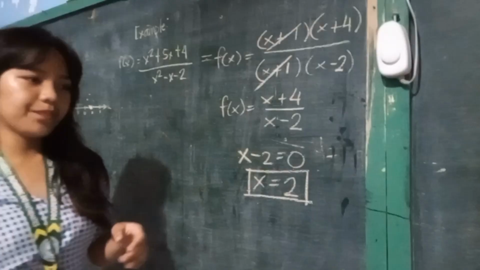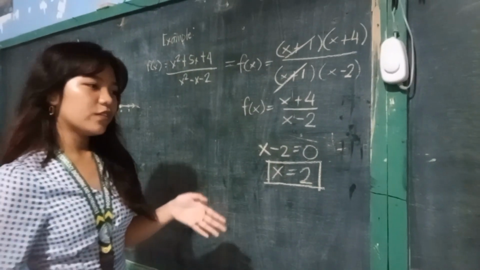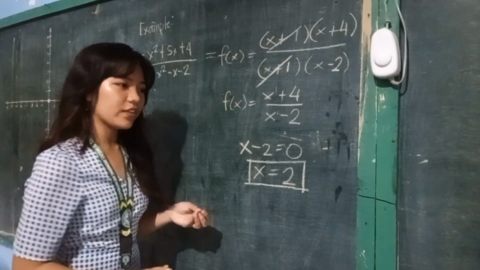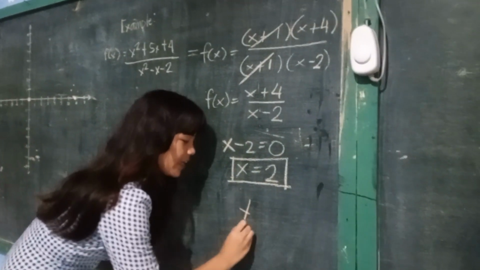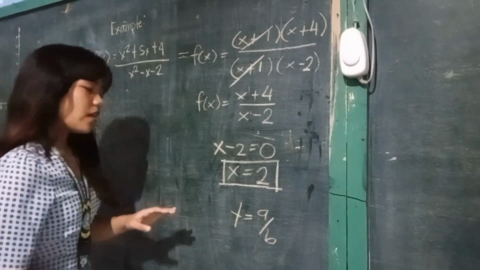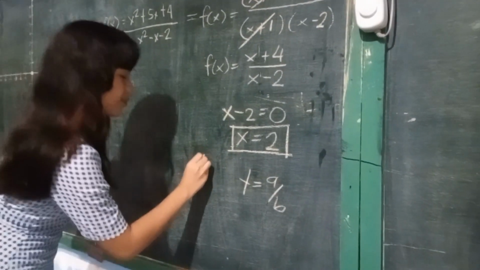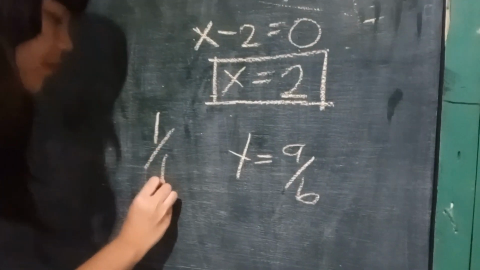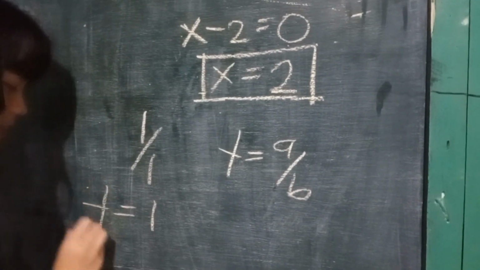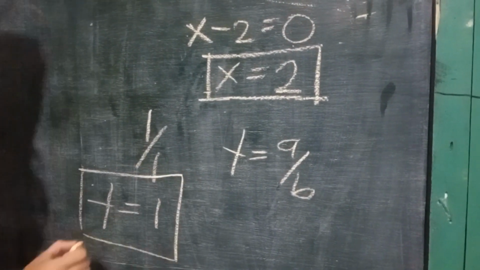So we're going to follow the rule that if the degrees of the numerator and denominator are equal, y equals a over b. So our a is 1 and our b is 1. So it is equal to 1. So our horizontal asymptote is 1.